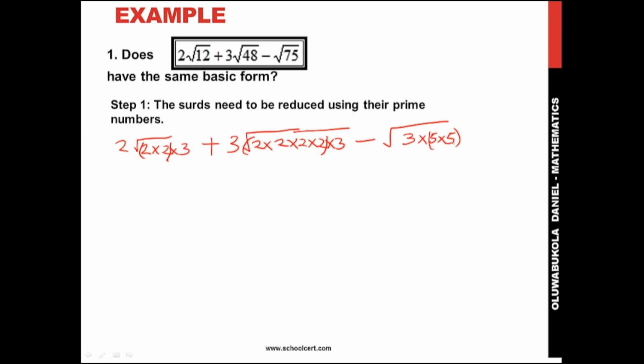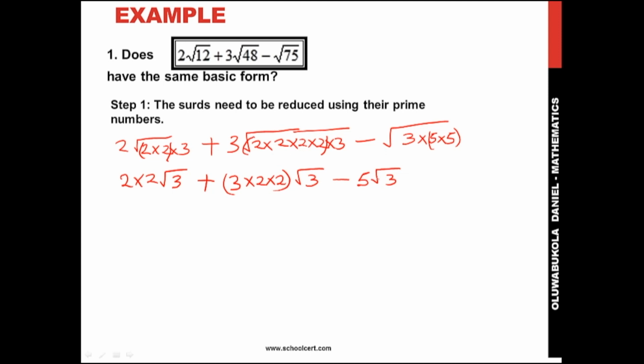So we will then bring these ones outside the square root at this particular point, since we know their root. So we'll have 2 times 2 root 3 plus 3 times 2 times 2 root 3 minus 5 root 3.